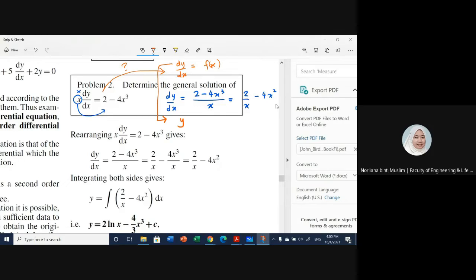So you will get the general solution when you integrate. So this is your f(x). When we integrate dy/dx, you will get y. This is your general solution. Integrate with respect to the x variable. So integrate this one.